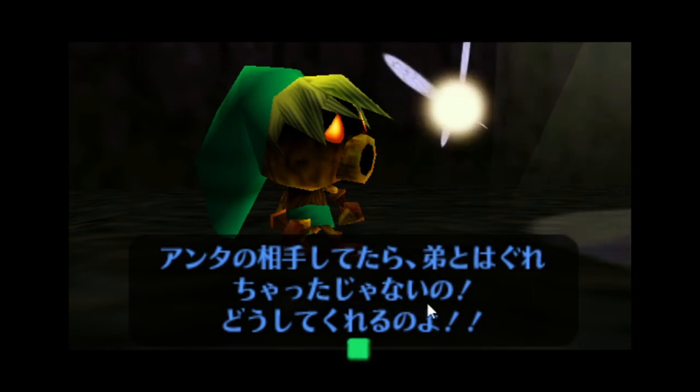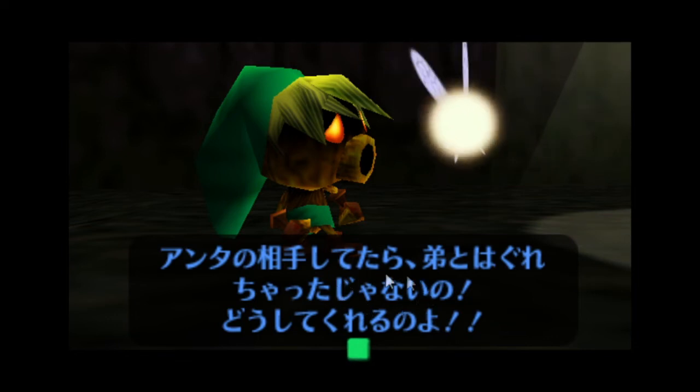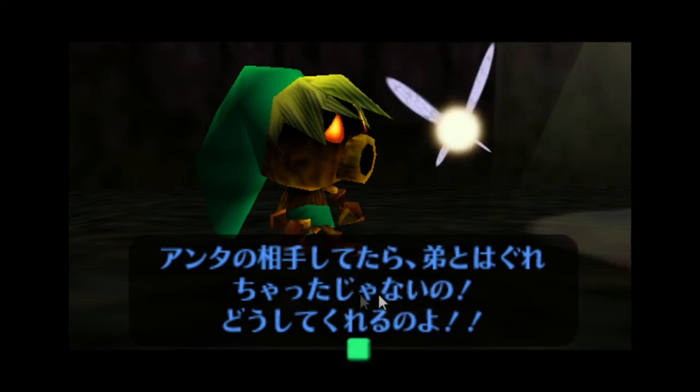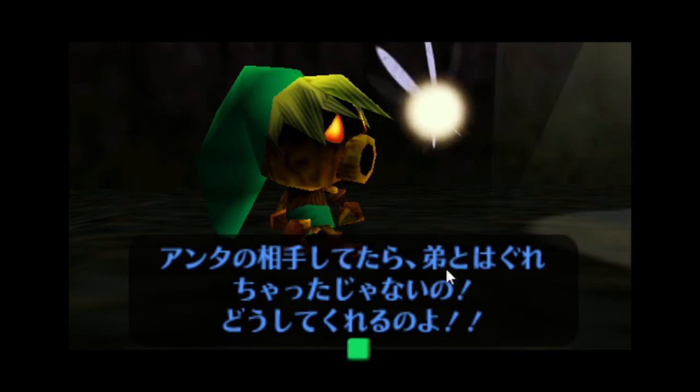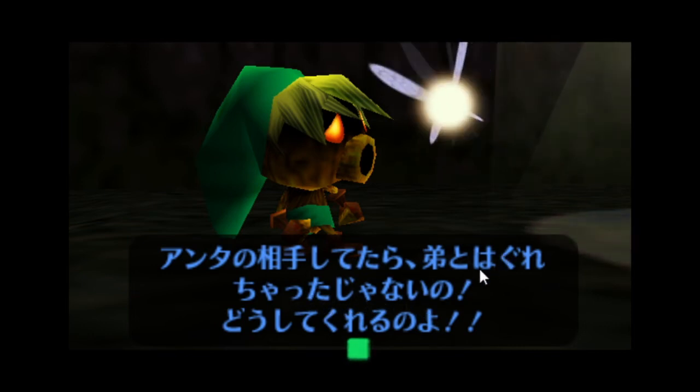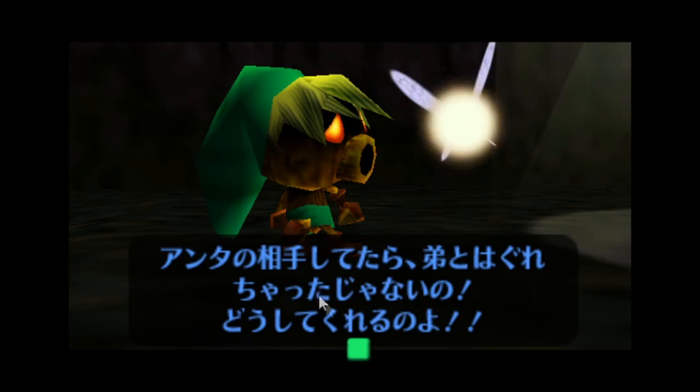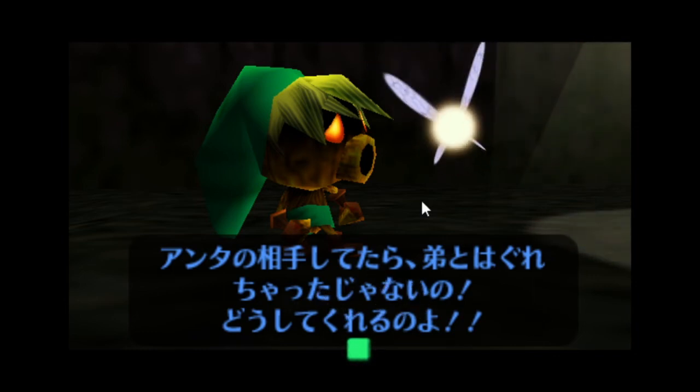And then janai, obviously that's negative. Normally that means negative. But in this case it's kind of yelling at Link. It's like saying, from my brother, didn't I get separated from him? It's sort of like inquiring about the result, isn't it?